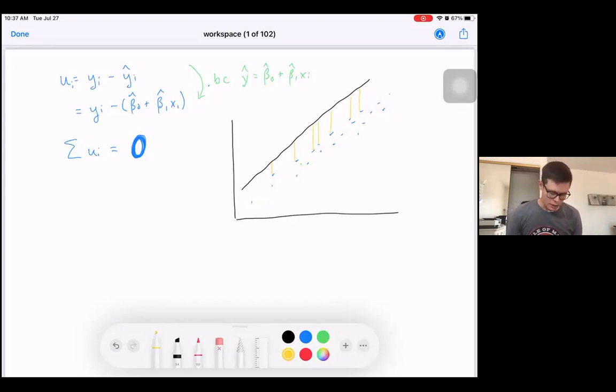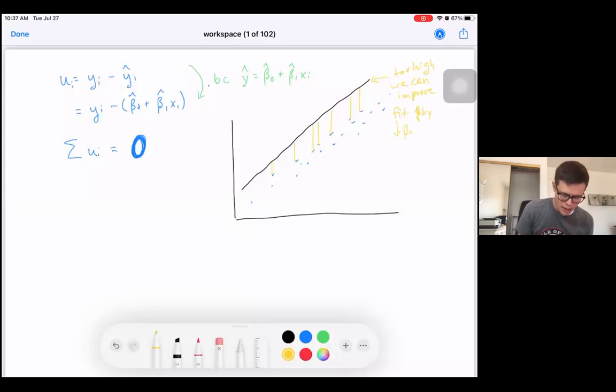So all these error terms will be negative, which means that we've drawn our regression line too high. We can improve the fit by pushing down beta naught.